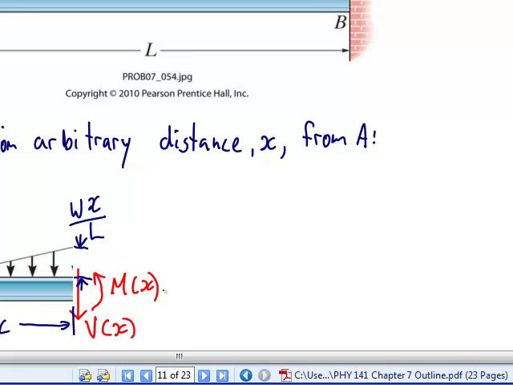All right, now what do you want to do? I'm not quite ready to write my equations of equilibrium because I have this distributed force that I'm going to have to simplify first. So I want to replace this distributed loading with a single force.